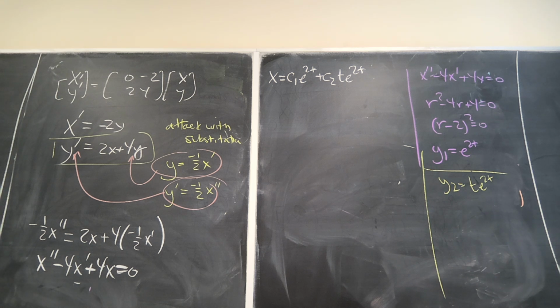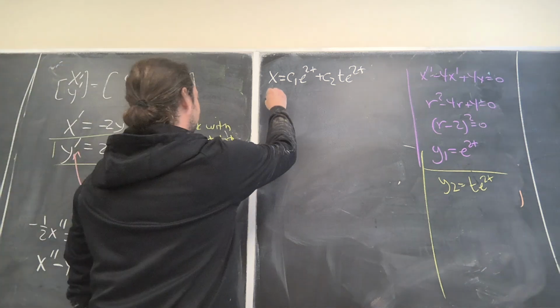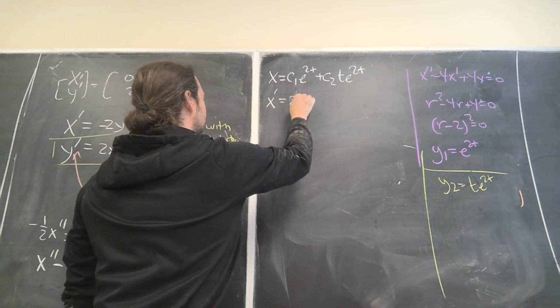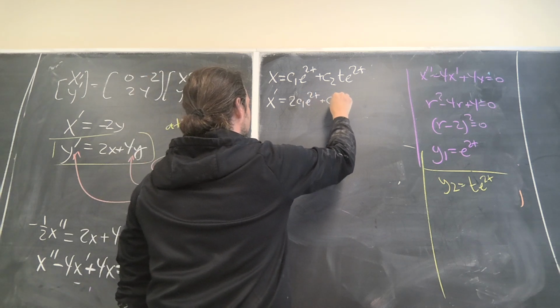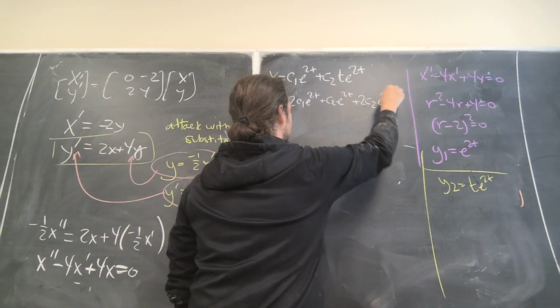So what's y equal to? Because I need x and y to solve this equation. Oh, look! y is equal to minus 1/2 of x prime. Okay, so x prime is 2c1 e to the 2t plus c2 e to the 2t plus 2c2 t e to the 2t.